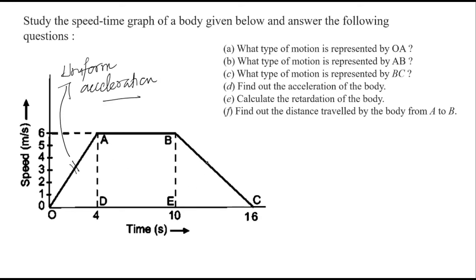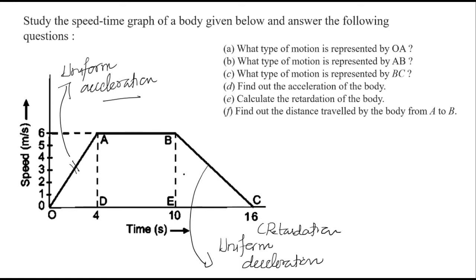In the same way, this portion B to C is uniform deceleration or retardation. You can even call it as retardation. And what does this motion from A to B indicate? A to B indicates constant speed. Okay, these three questions are over.